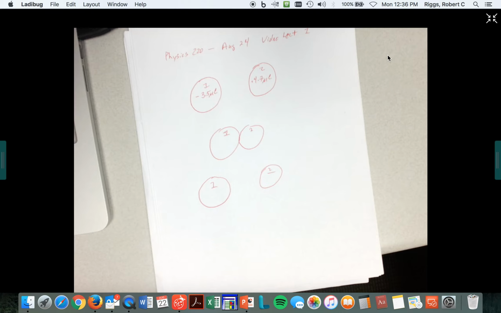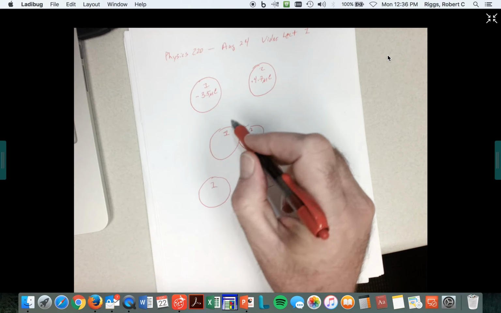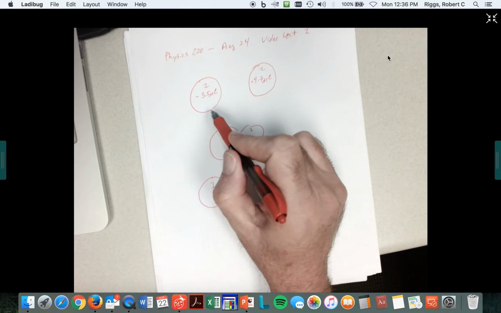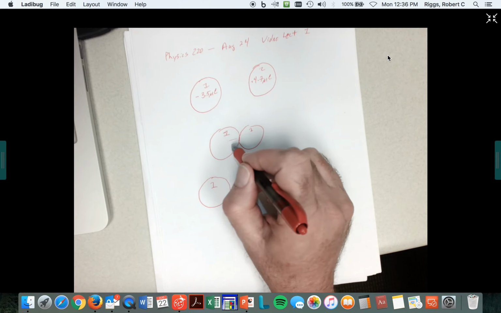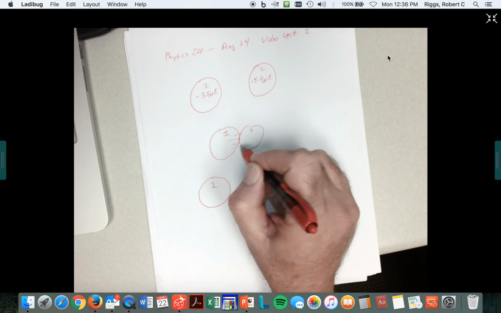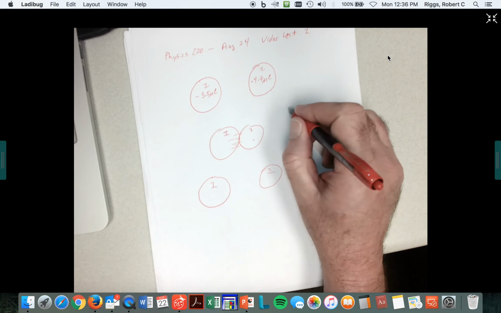Well, here is what happened. When we bring them together, these -3.5 microcoulombs of charge go flying over to where there's an intermediate step.